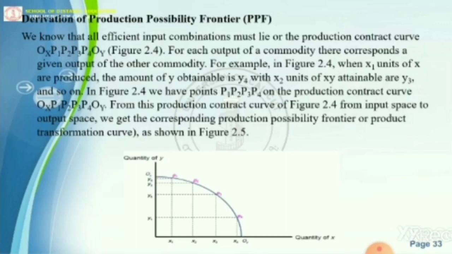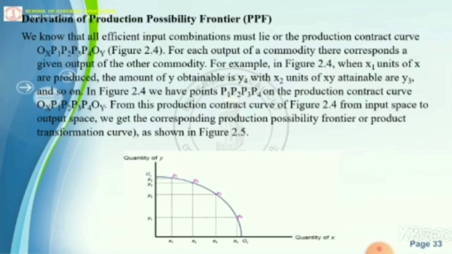Okay, we know that all efficient input combinations must lie on the production contract curve OX, P1, P2, P3, P4 or Y, which we saw earlier. For each output of a commodity, there corresponds a given output of the other commodity. For example, when x1 units of x are produced, the amount of y obtainable is y4, with x2 units of x attainable y is y3, and so on.